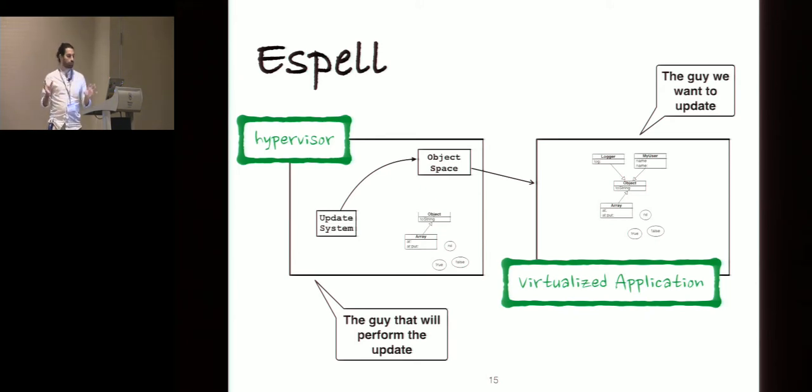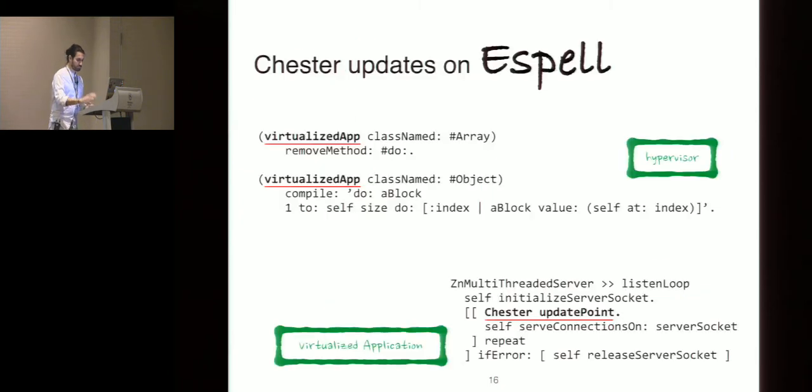So let's see how we can install an update system on top of this infrastructure. This is actually the code from the experiments we run. On one side, in the virtualized application, we have a web server that has an update point.